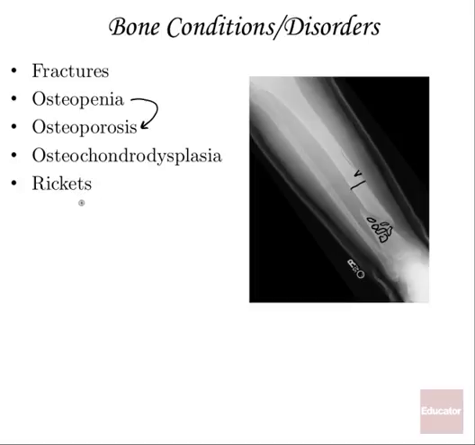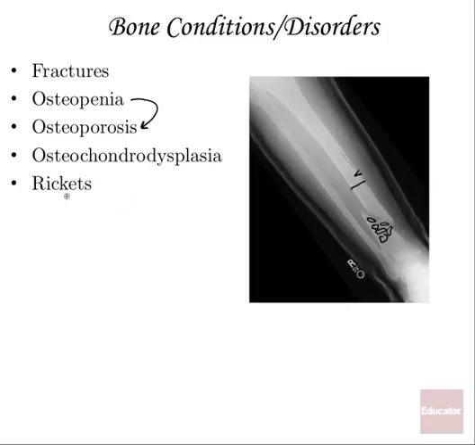Speaking of inadequate bone development, rickets is a very strange disorder that can happen if a younger person, a child, is not getting enough calcium absorbed into their body. A lack of vitamin D could actually affect the ability to get calcium absorbed into the bloodstream and to bones.